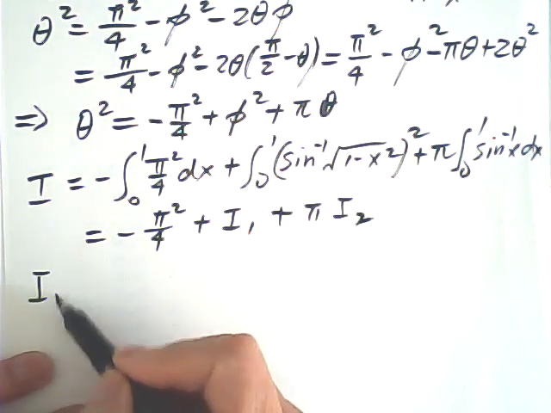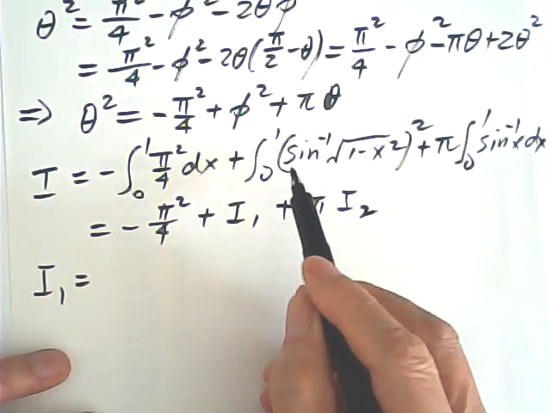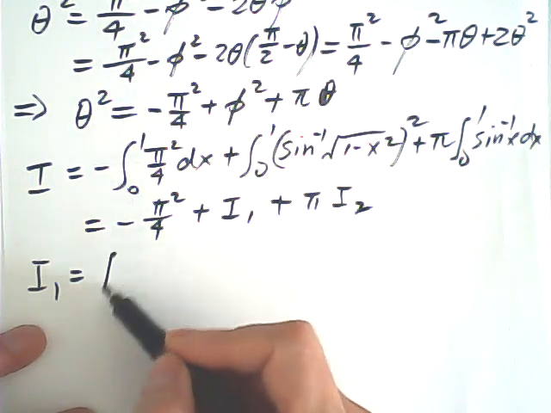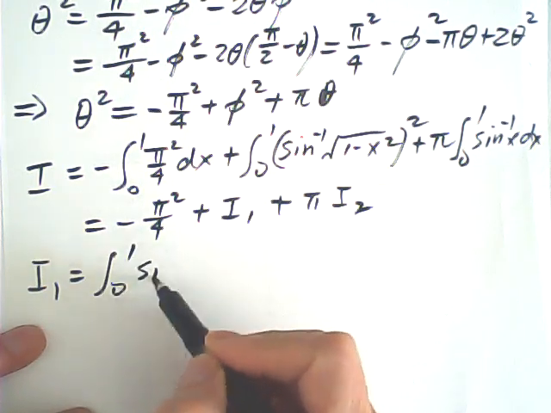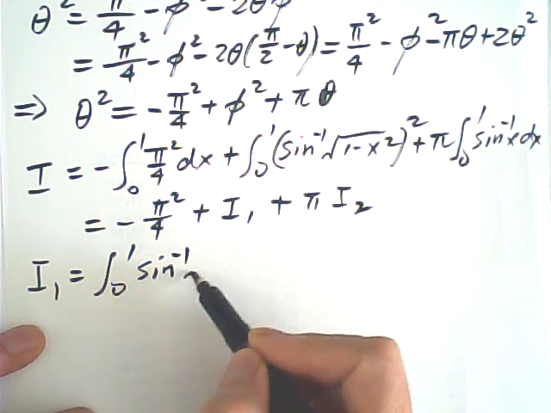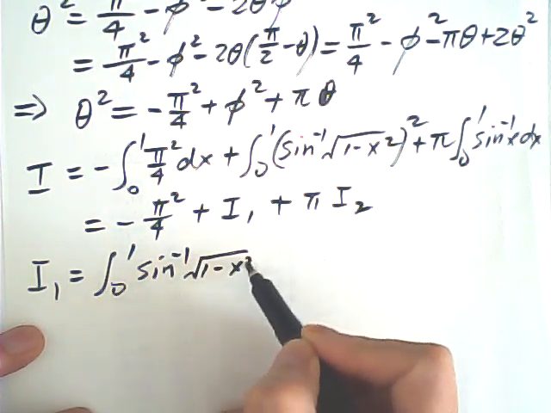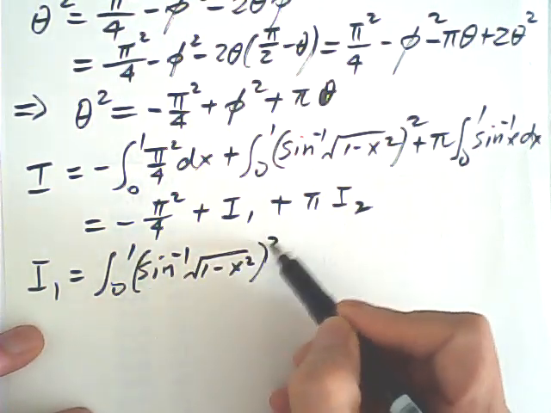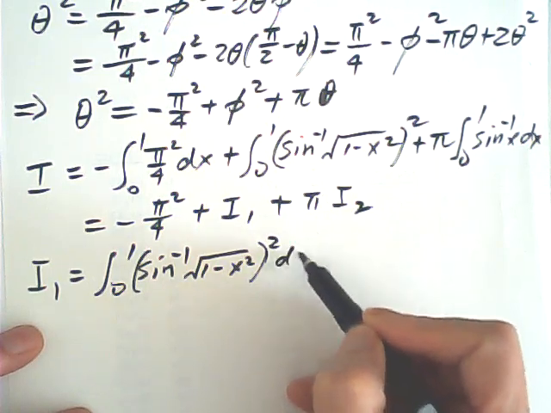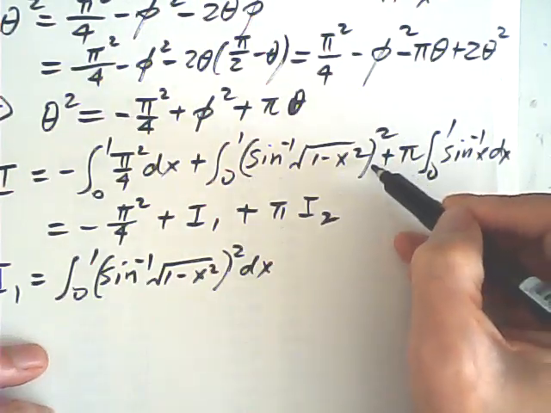Now I1 is equal to the integral of arcsine of square root of 1 minus x squared dx, right? Forgot a dx.